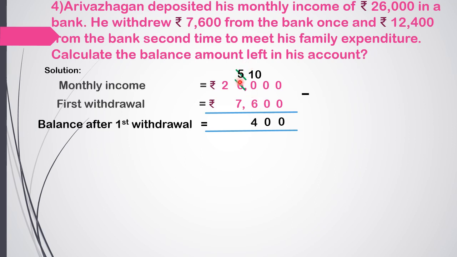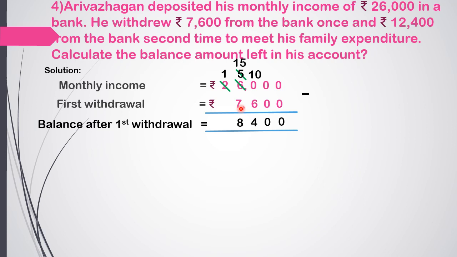Now the next digit, 5 minus 7. Can we subtract 7 from 5? No. So we have to borrow from the previous number. So 2 changed into 1. Here 5 becomes 15. So 15 minus 7. What is 15 minus 7? After 7, 8, 9, 10, 11, 12, 13, 14, 15.